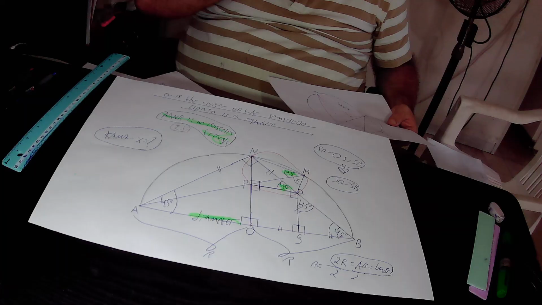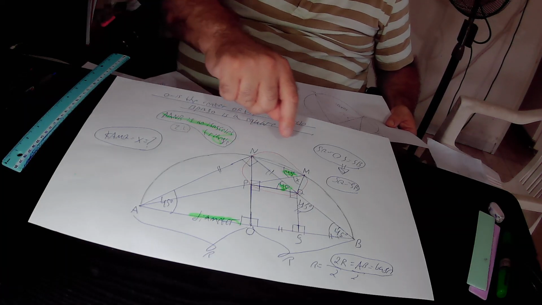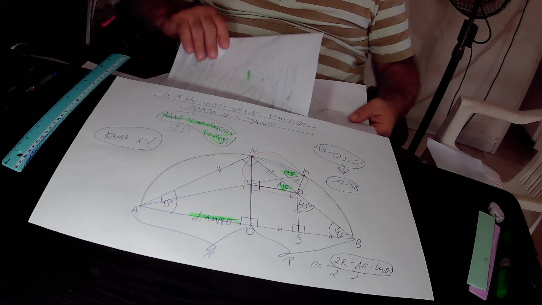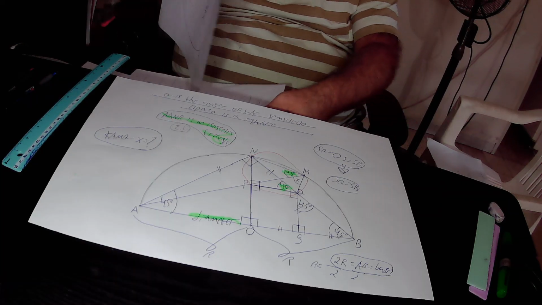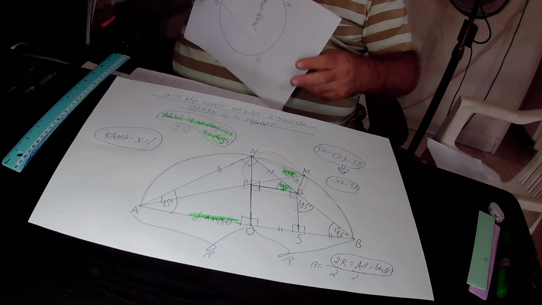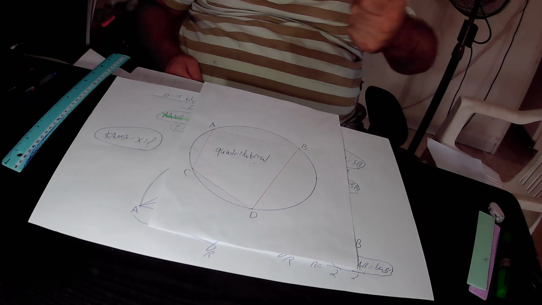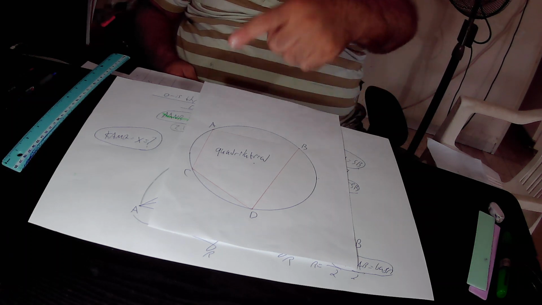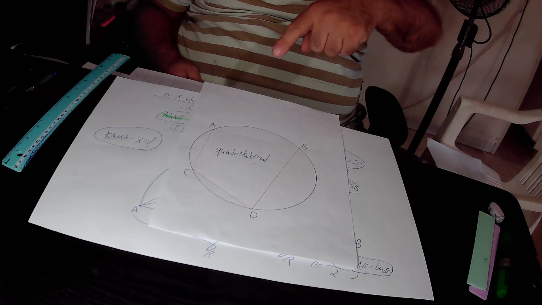So, in the next step, we prove that quadrilateral NMQP is a cyclic quadrilateral. What is the meaning of the sentence that a quadrilateral is a cyclic quadrilateral? It means that all the four vertices of the quadrilateral lie on the circle. This is quadrilateral ABCD that is inscribed by this circle. Why is it inscribed by this circle?